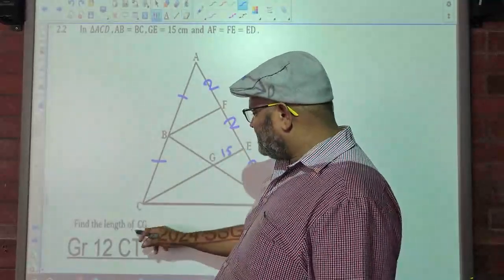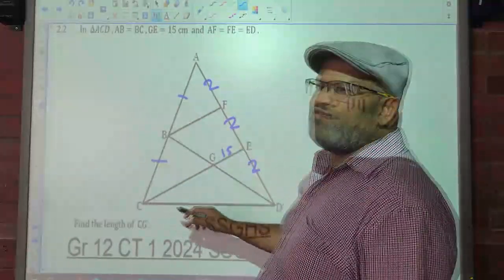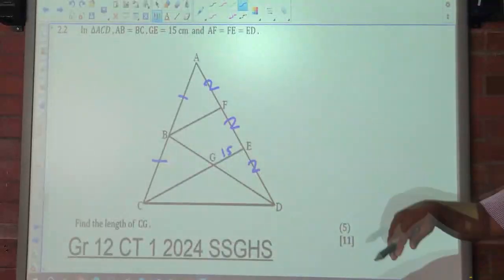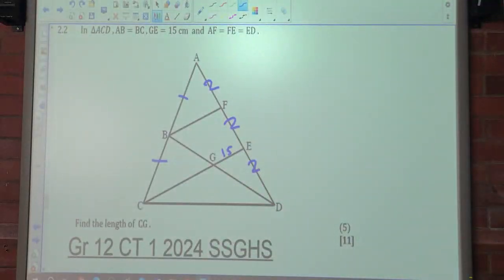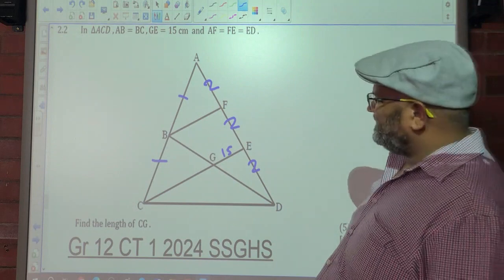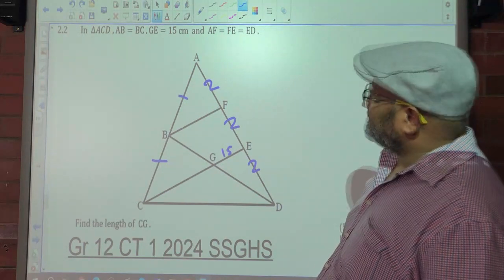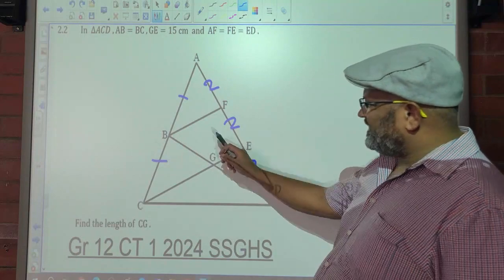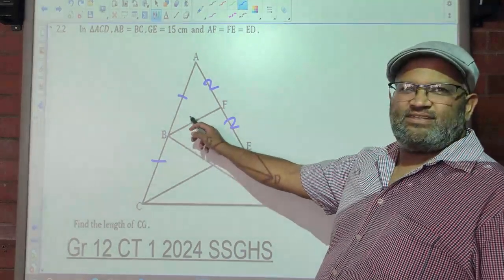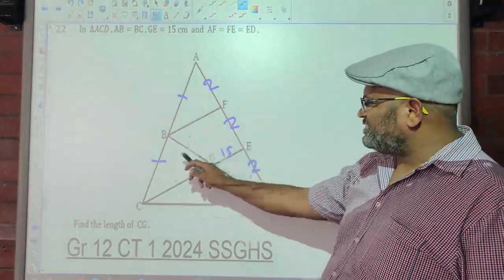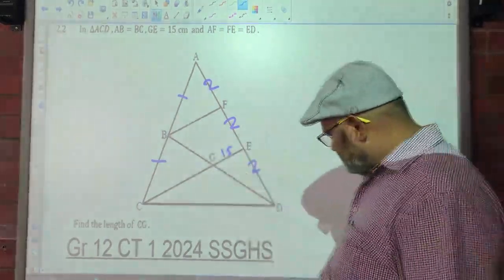Now the question says, and this was 15 here, calculate the length of GC. For 5 marks, it's not going to go straight to calculating GC. So what can be calculated first? If this is 15, if I can prove that is 30, that came very close. And we know that that is twice the same length.